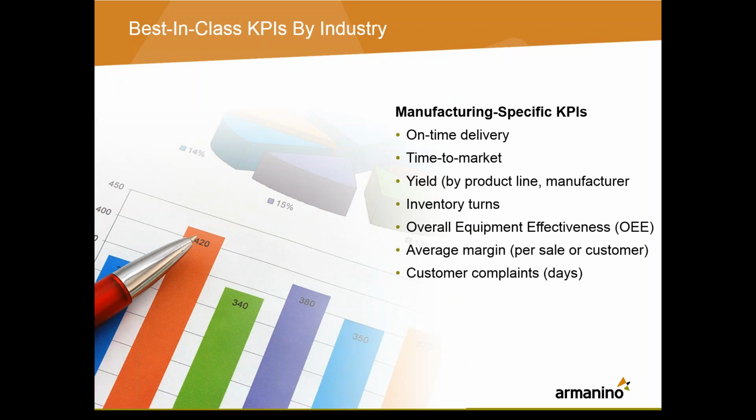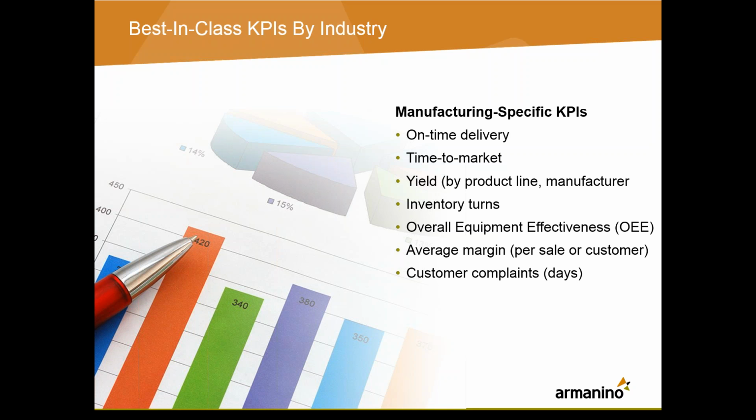I think if you look on the manufacturing side specifically, there are some key KPIs in play around on-time delivery, the percentage of the ability for the organization to meet committed delivery dates, which is a key metric. Time to market, the average time required to get new products to market from concept to design to engineering, is key.